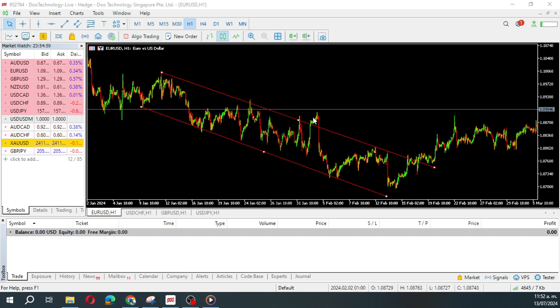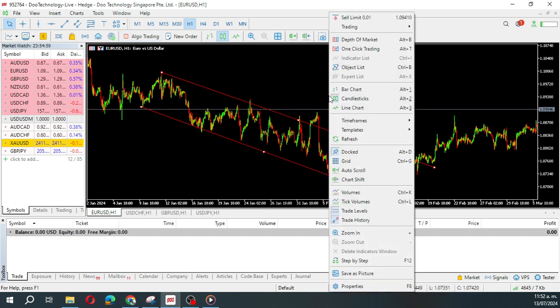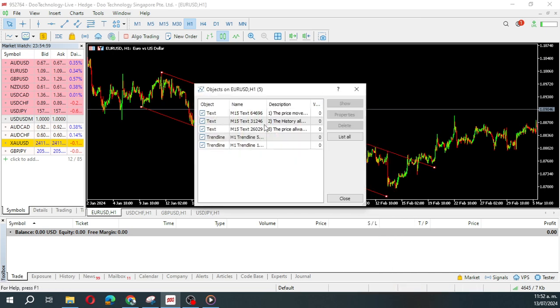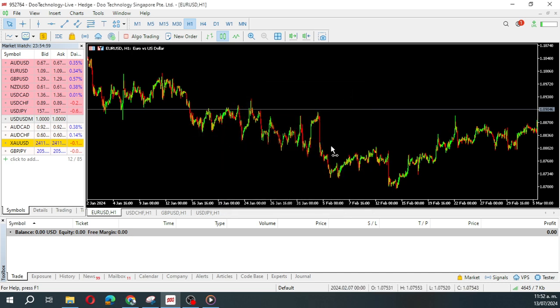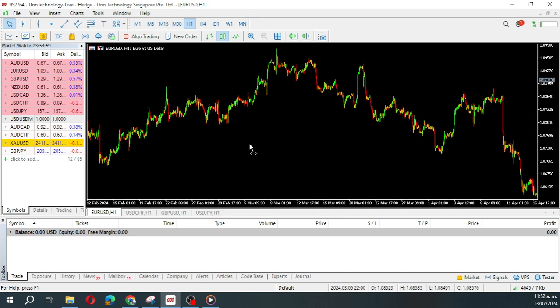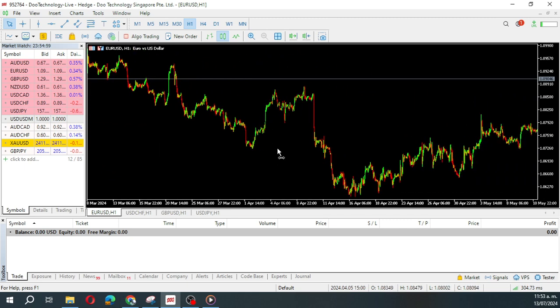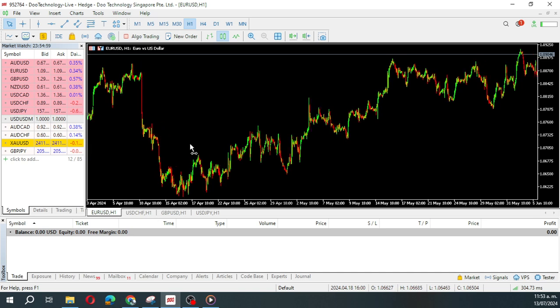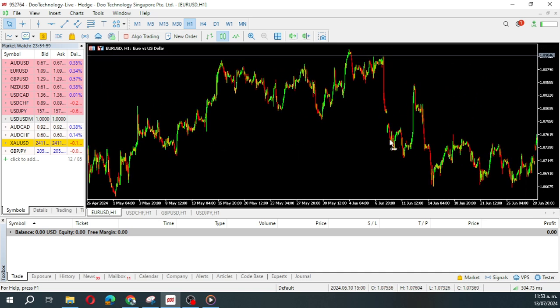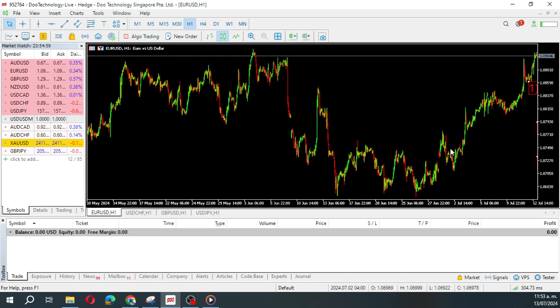So I'm going to delete this object list and the trend lines. I'm going to delete this and delete this. So what I want to show is something like this.